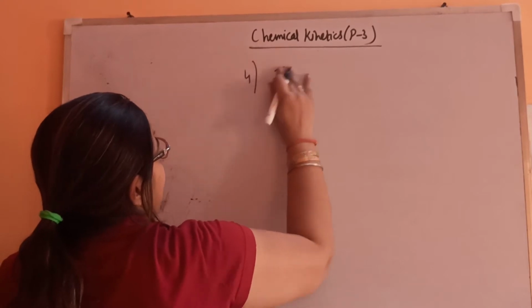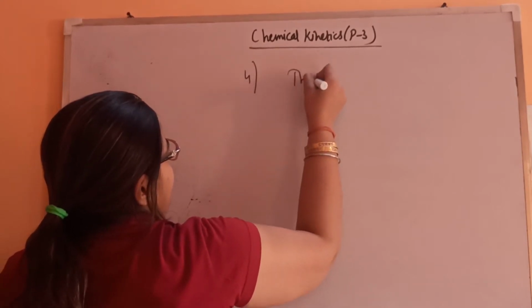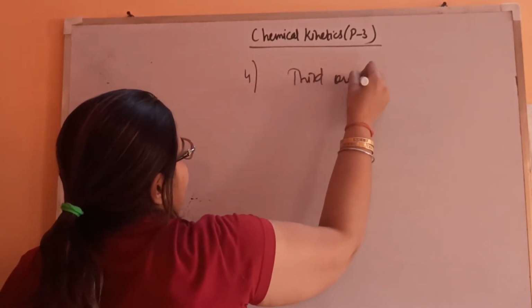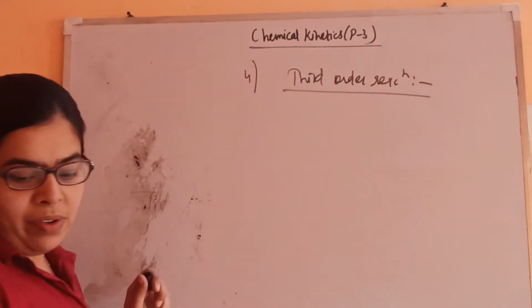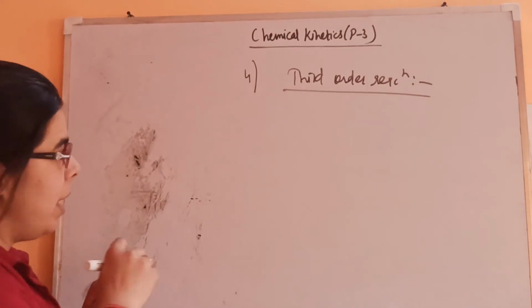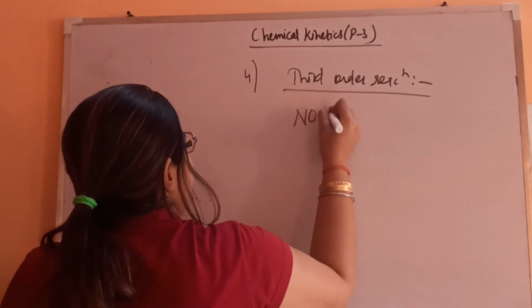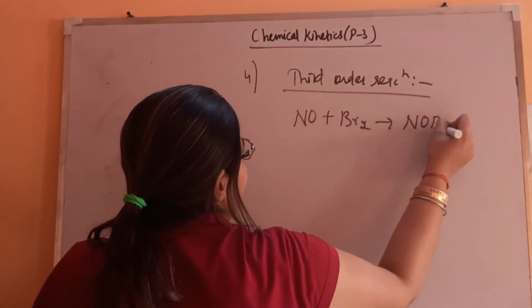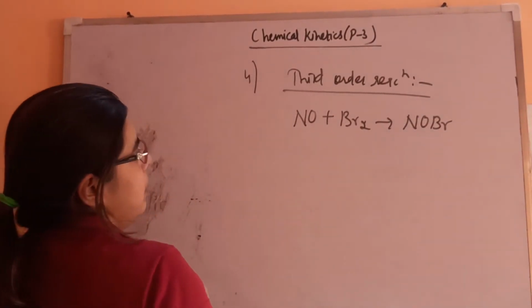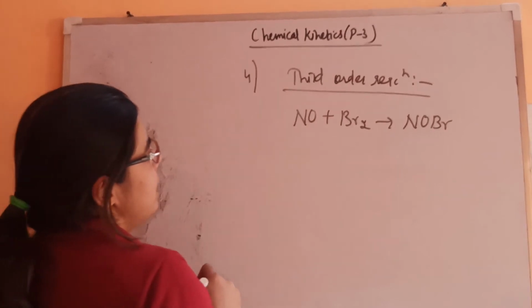Fourth is the third order reaction. So in a third order reaction, what will come? Nitric oxide reacts with bromine and gives you nitrosyl bromide, NOBr, it's not balanced.